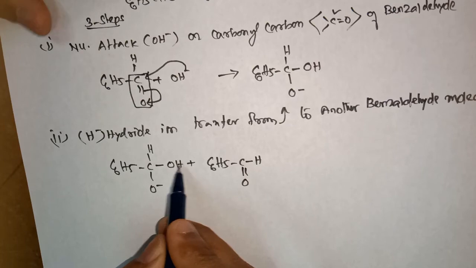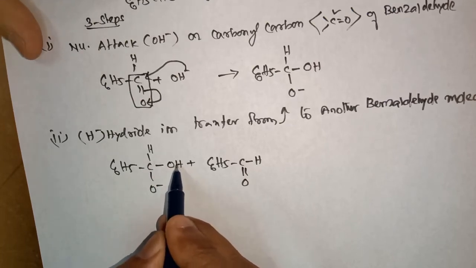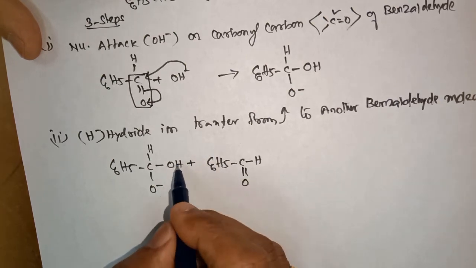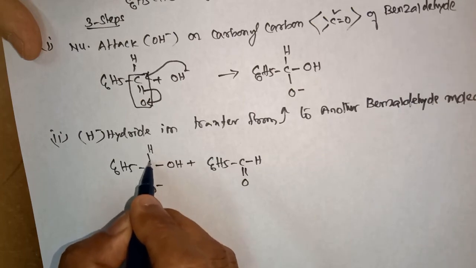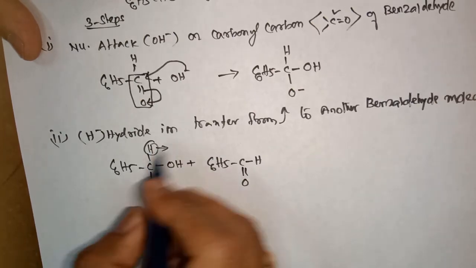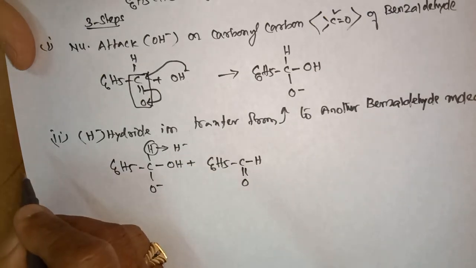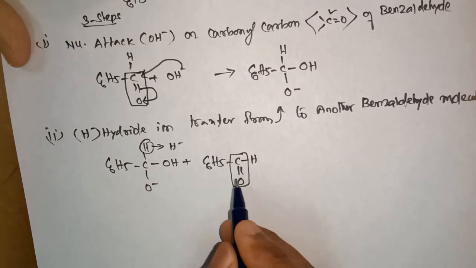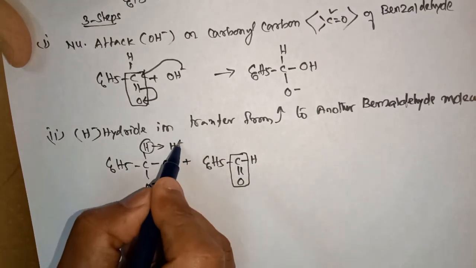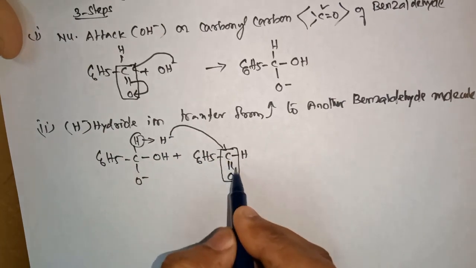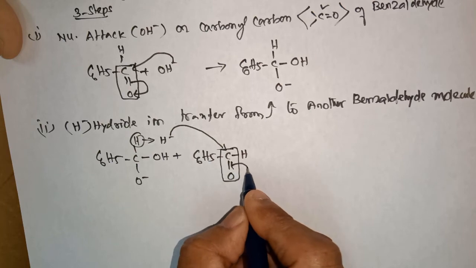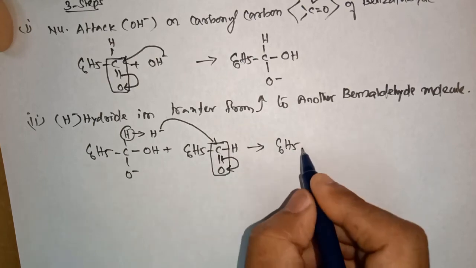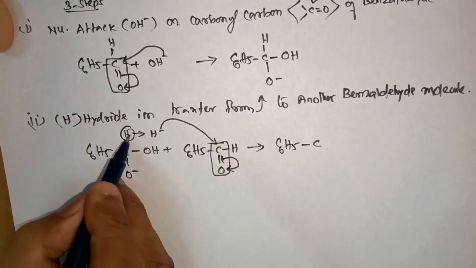From this, H minus goes. This H cannot leave as H minus, because it is connected to oxygen. It will lose its electron and can move only as H plus. But this hydrogen can leave as H minus. It is going to attack the carbonyl group of another benzaldehyde. When H minus attacks the carbon, one of the double bonds breaks.